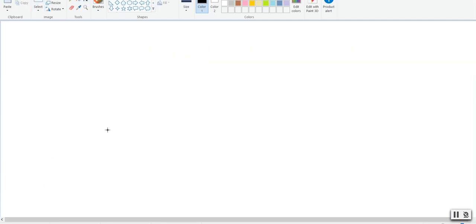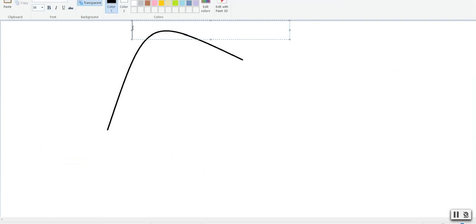When you have a graph, okay, it may rise to a peak, okay? If it does that, this is called a maximum. Okay, it's the highest point on the graph.